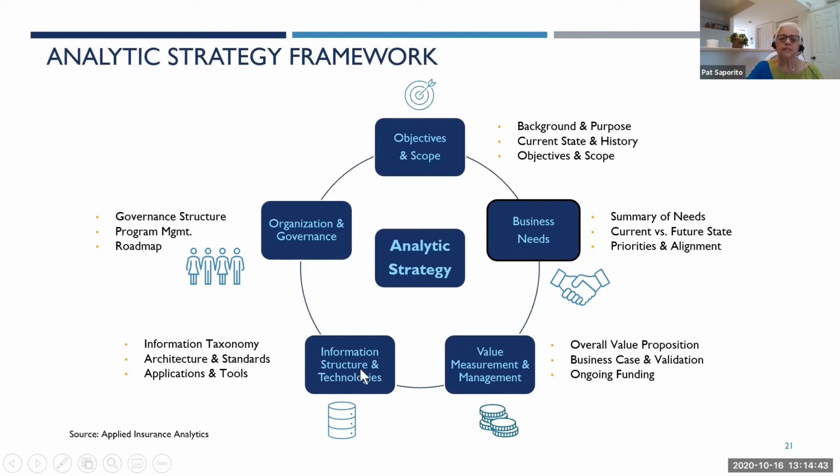Your information structure and technology, since some of you said technology was one of your challenges, being able to look at that for your applications architecture. I guess it depends on what the state of your digital transformation is. That may be some of the issues that you're dealing with, and being able to get to the data.